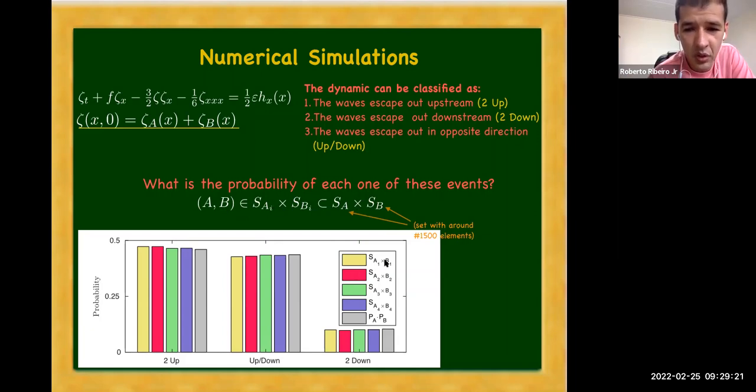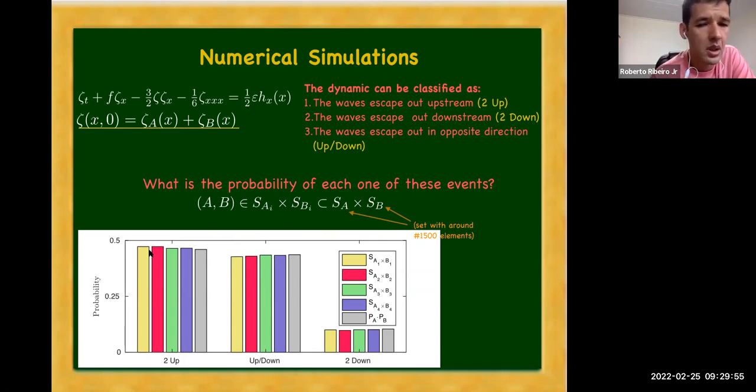So basically, you consider 4 subsets and compute the probability given by each one of the subsets. We see that the probability is almost the same for the 4 subsets. This shows that the number of elements considered to compute this probability is fine, so we have considered enough elements in each subset.